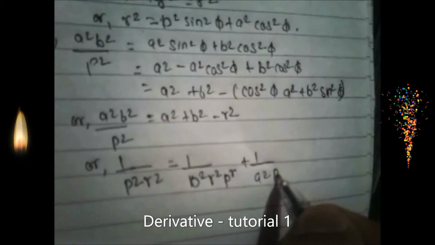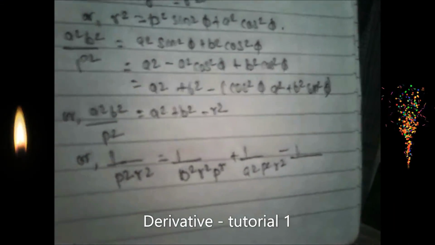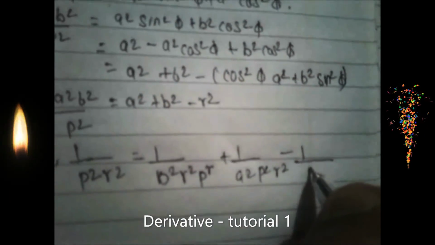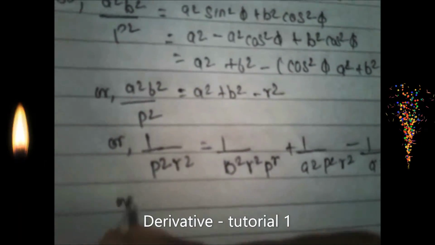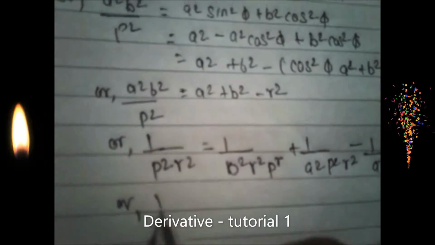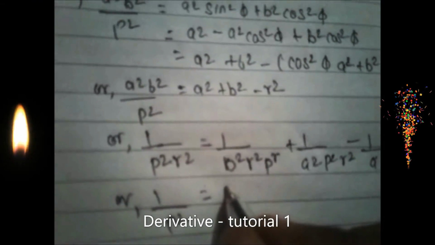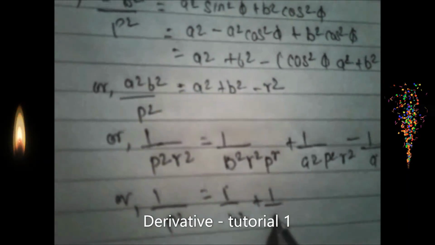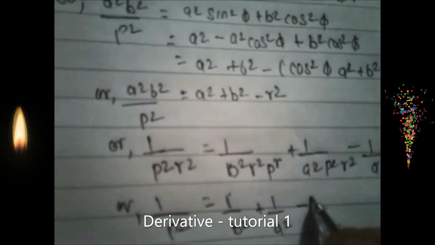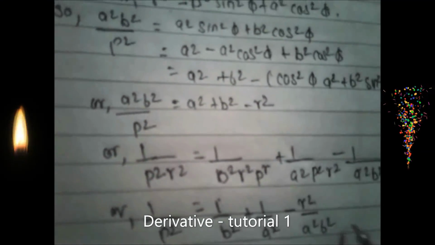Or we can write the answer in the form of 1 upon p square by dividing by a square b square: 1 upon b square plus 1 upon a square minus r square upon a square b square. This would be our answer.